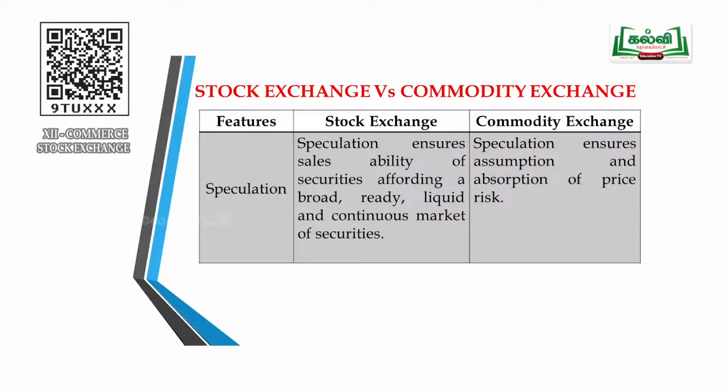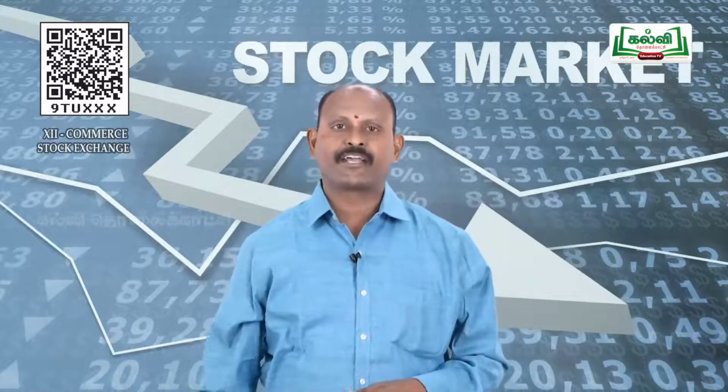And what's the speculation? Speculation ensures the saleability of the securities, affording a broad, ready, liquid and continuous market of security. But in the commodity exchange, speculation ensures the assumption and absorption of the price risk.